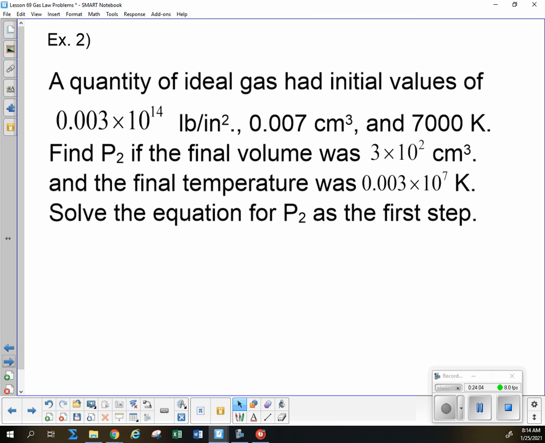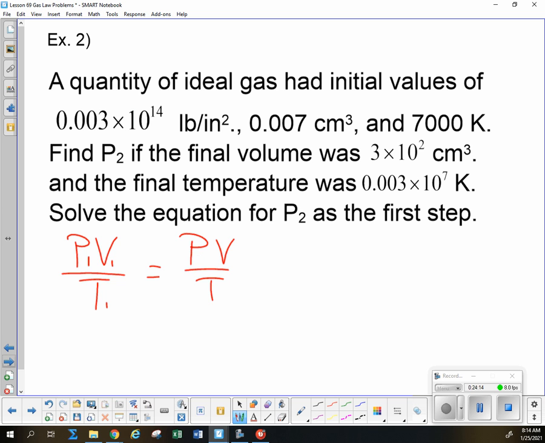Okay, so we're going to use our same formula again. So we've got PV over T, and then get the subscripts all in there. This time we need to find P2, so I'm going to do my cross product.